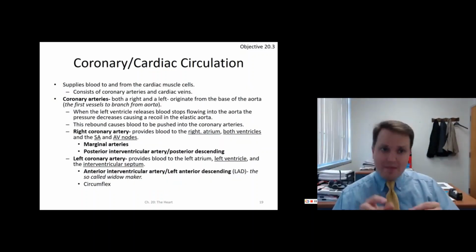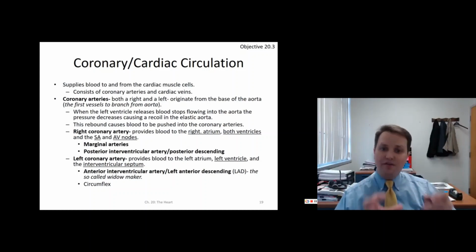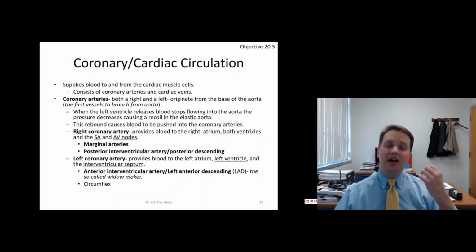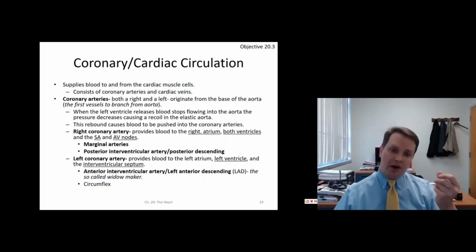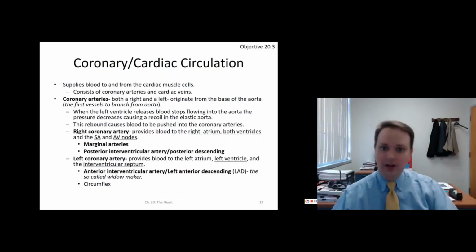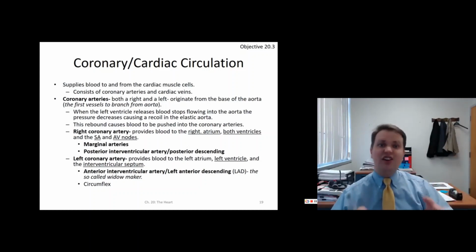So remember, we want to get the coronary circulation. We want to get blood to the heart itself, to the cardiac muscles, and then get that blood away from the cardiac muscle cells. So we have coronary arteries to take blood to the heart itself, because remember, this is a subsection, we could say a subcategory, of the systemic circulation.